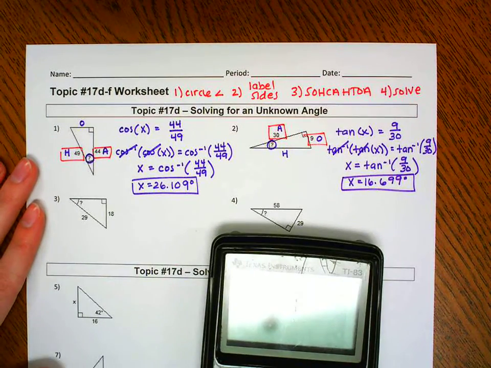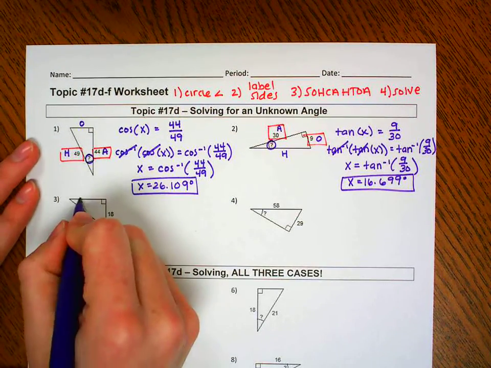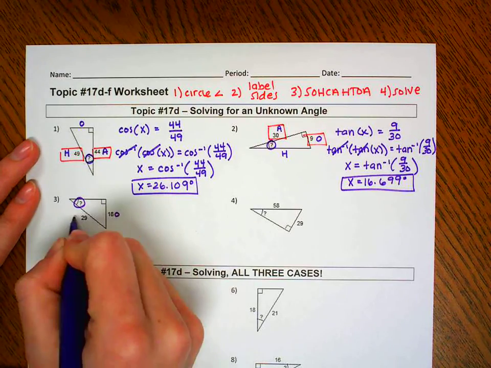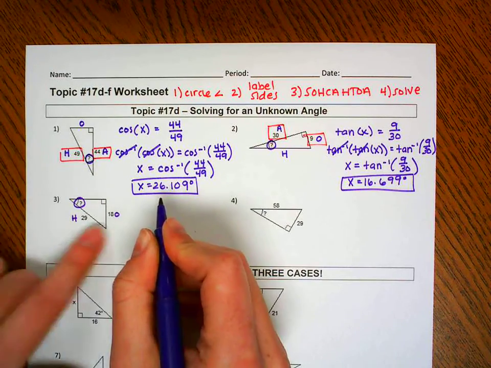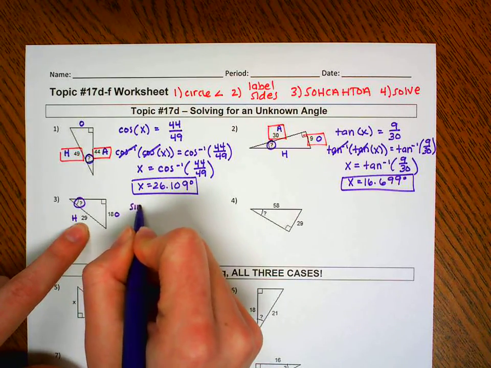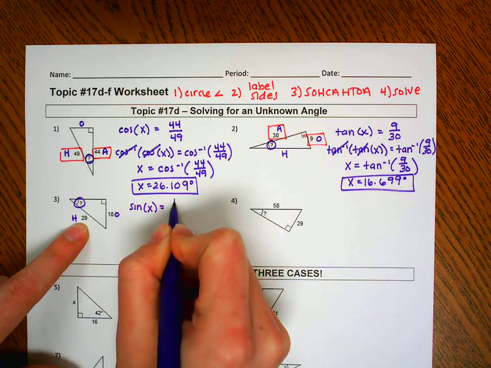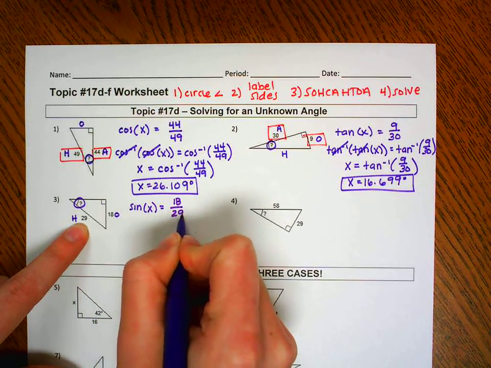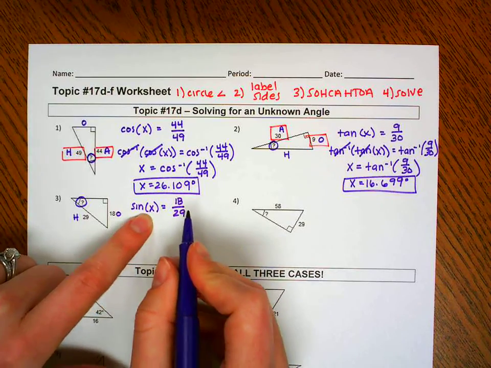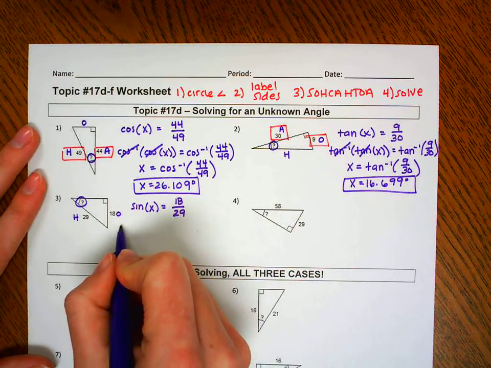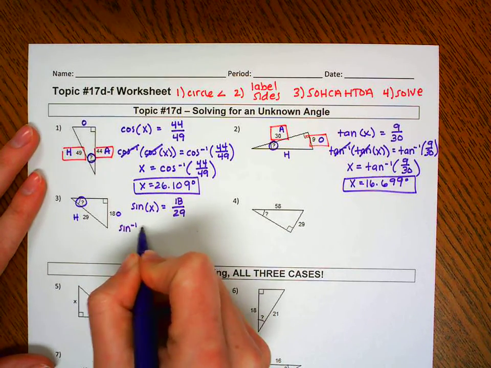Okay, let's keep going. Here's my angle. Here's my O. Here's my H. O and H is sine. So sine of my angle is O over H. To get that x out, I have to undo sine. So I'm going to do sine inverse of both sides.